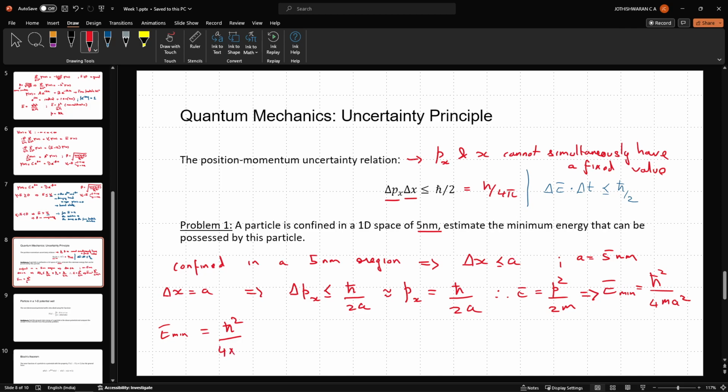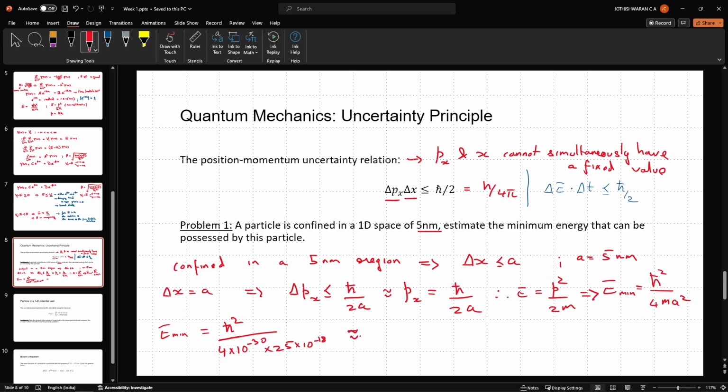So the mass of the electron is around 10 to the power minus 30 kilograms, and here I have 5 nanometers, so a squared is going to be 25 into 10 to the power minus 18 meters squared in SI units. So 25 into 4 is 100, so that is another 10 to the power 2, so the denominator has a total power of 10 to the power minus 48, 2 of which will be removed by this factor.